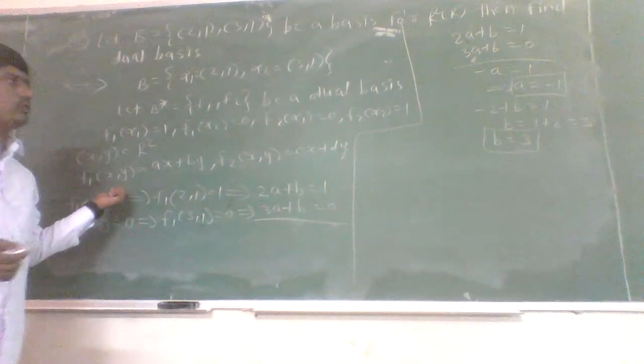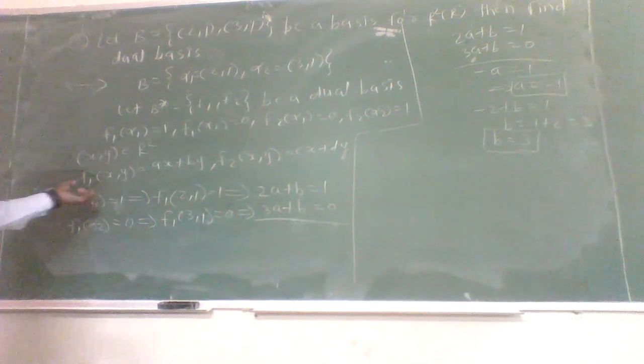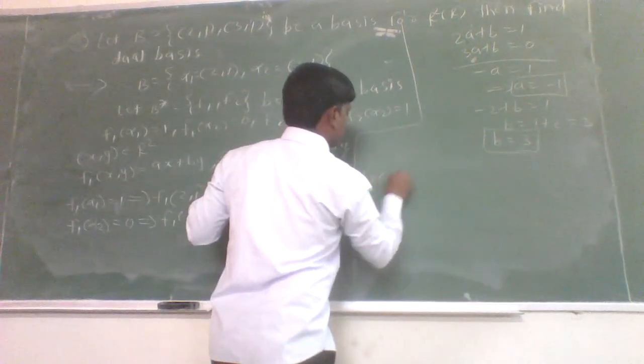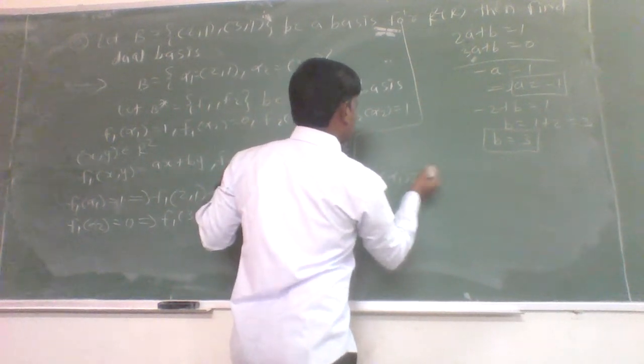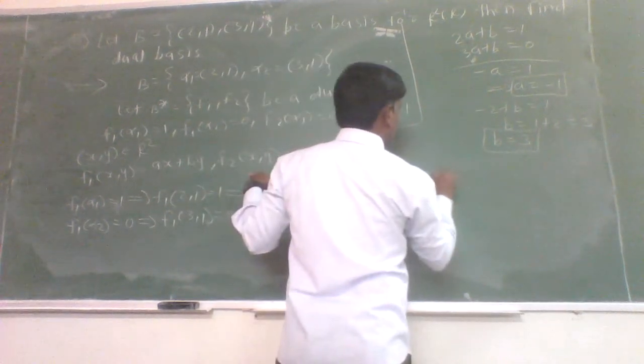Now we have to find out the values of c and d. Now f2 of alpha 1 is equal to 0.